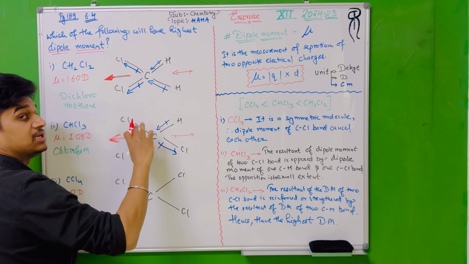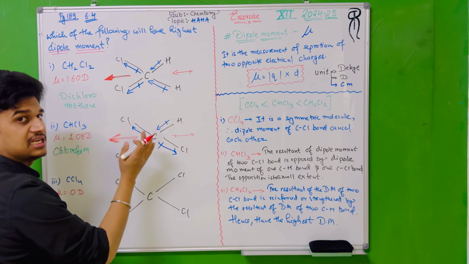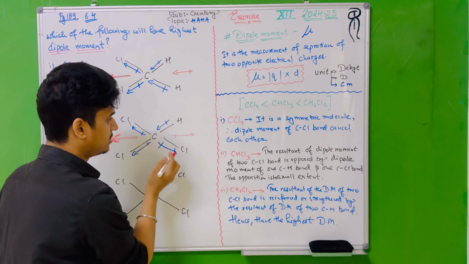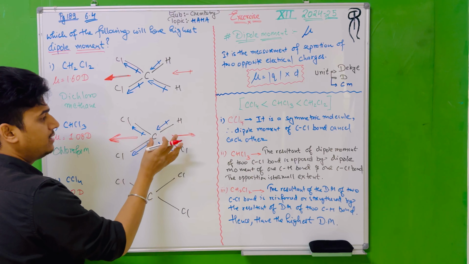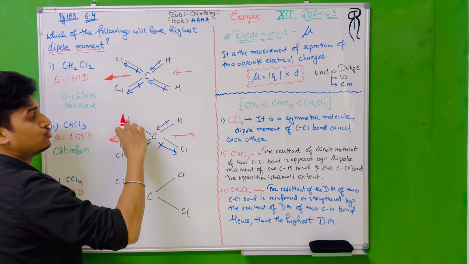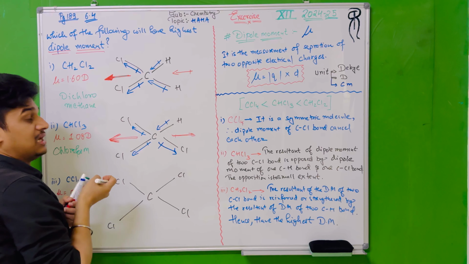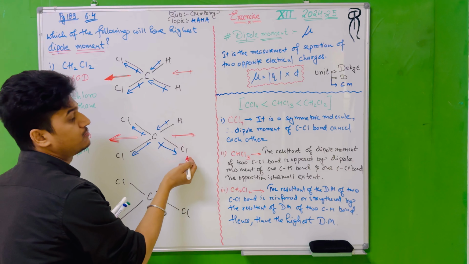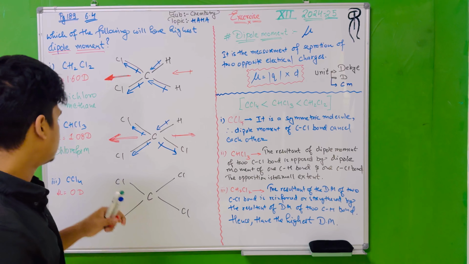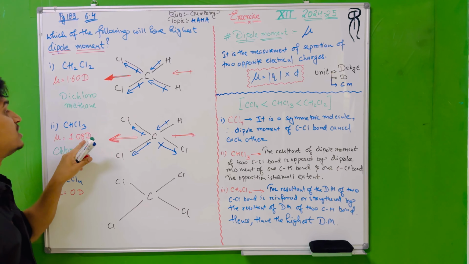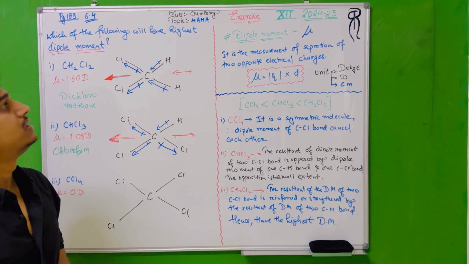These two C-Cl bonds are taking the dipole moment towards left side, but it is a little bit opposed by this Cl bond, because of which it will go this side. So what will happen? Obviously two persons pulling a rope will always have more force as compared to one person pulling the rope opposite to it. So the resultant will be here, but it will be a little less. So if you can see, the dipole moment here is 1.08, a little less as compared to CH2Cl2.